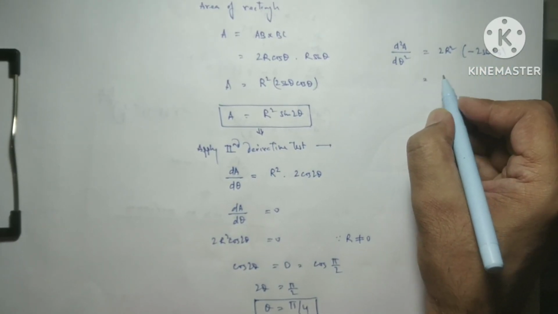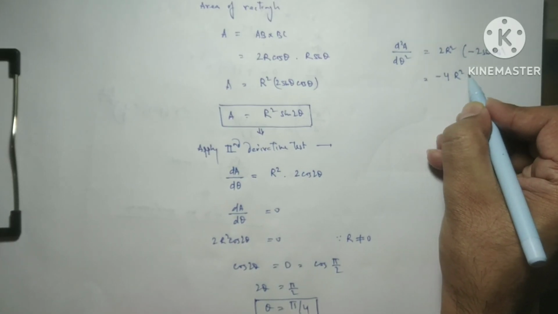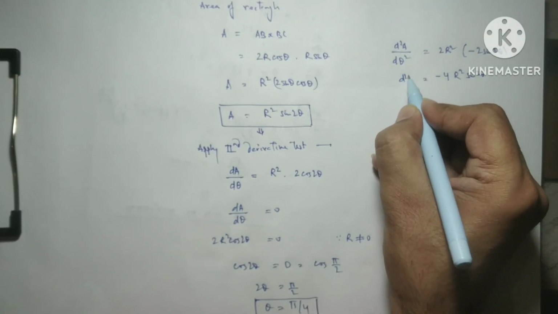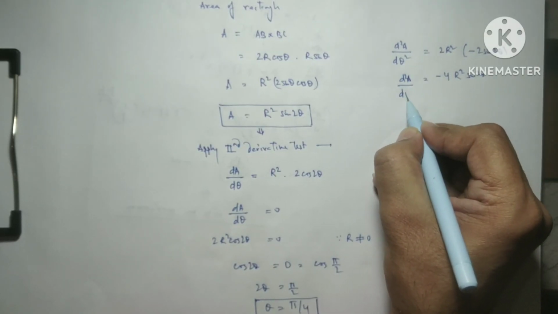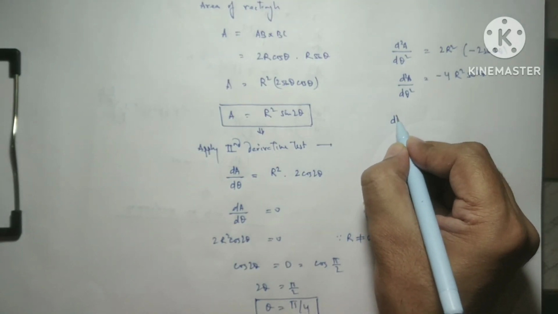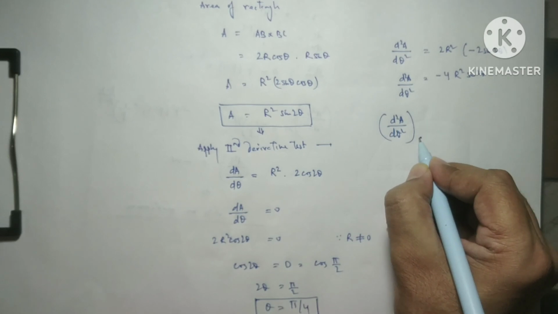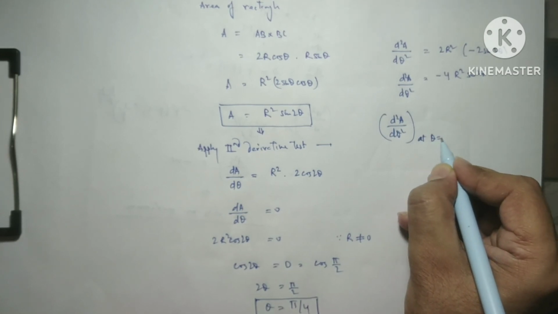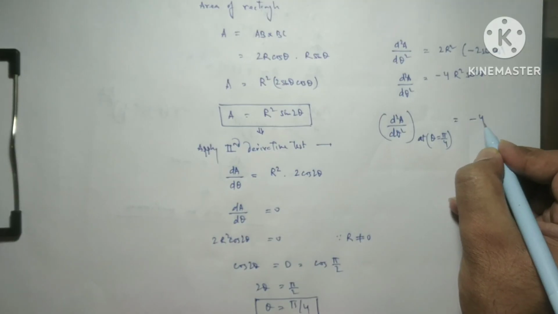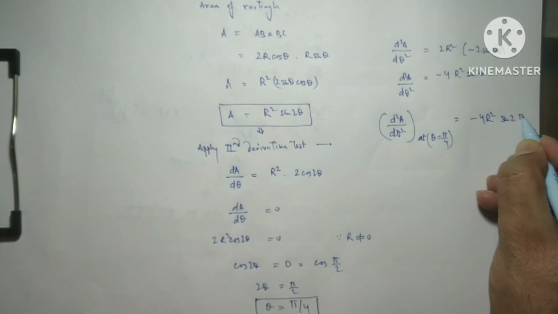So it will be minus 4 r square sin 2 theta, and the value of the second derivative at theta equals pi by 4 will be minus 4 r square sin twice of pi by 4.